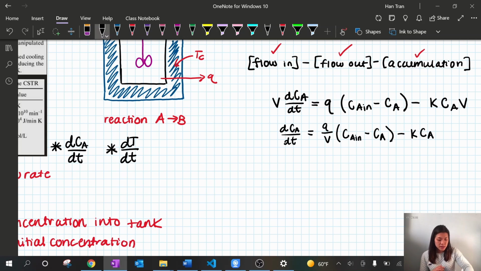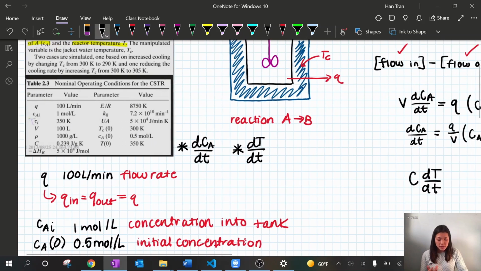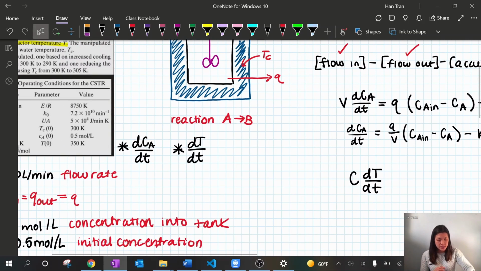Well, we are given the heat capacity, and the temperature is changing, so we have a change in temperature over a change in time. And then we are given the amount that is in the tank, that is the volume.